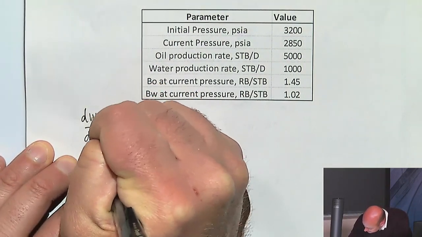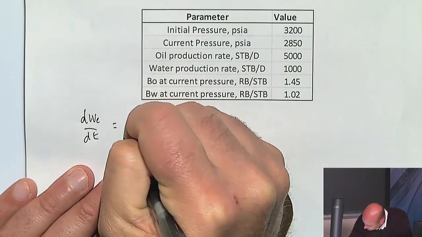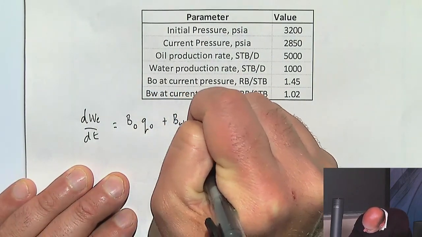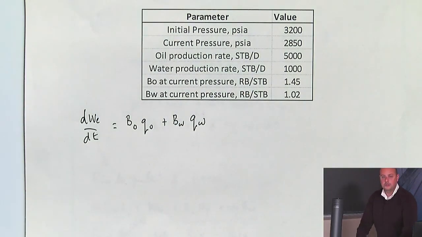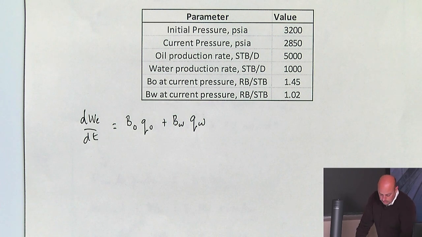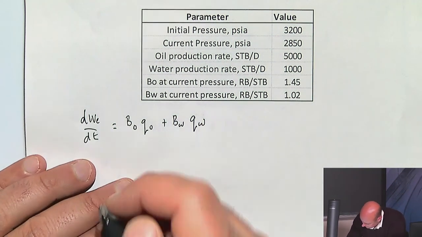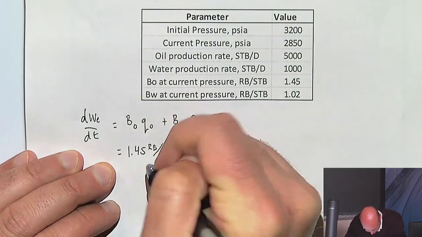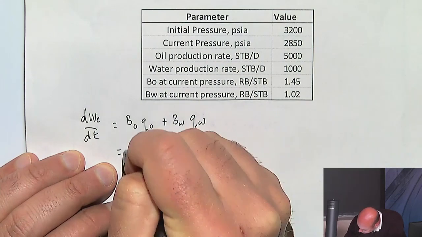dWe/dt is equal to BO QO plus BW QW, right? That was just what we learned there. When I plug those in, BO is 1.45 reservoir barrels per stock tank barrel.